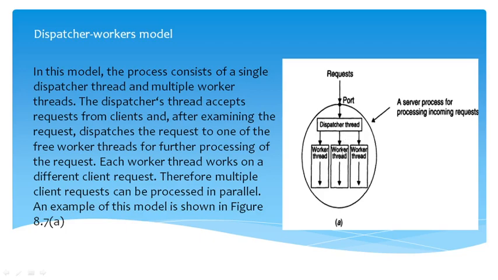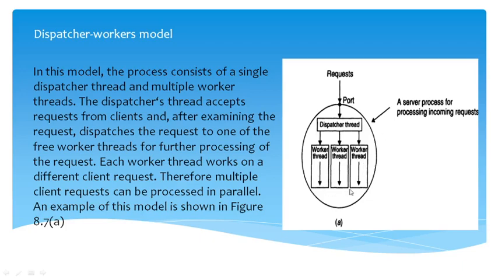These are worker threads. If a worker thread is free, then the arrived request will be given to this worker thread. Each worker thread will work on a different client request: client 1's request, client 2's request, client 3's request, like that. Each worker thread is responsible for running a different client's request. Therefore, multiple client requests can be processed in parallel.